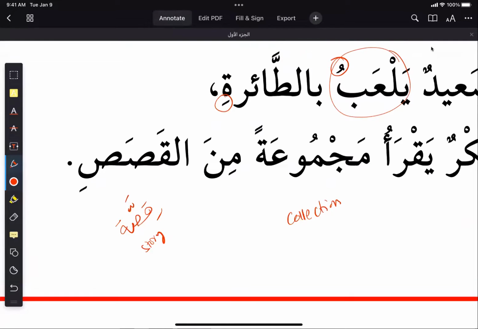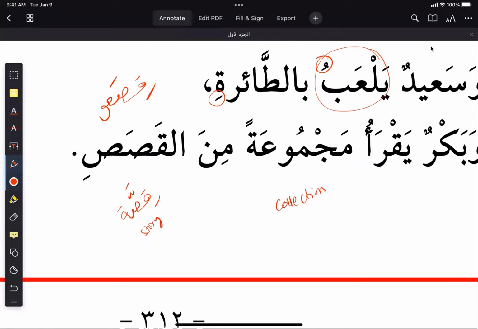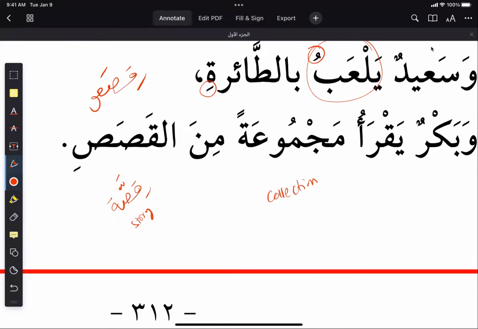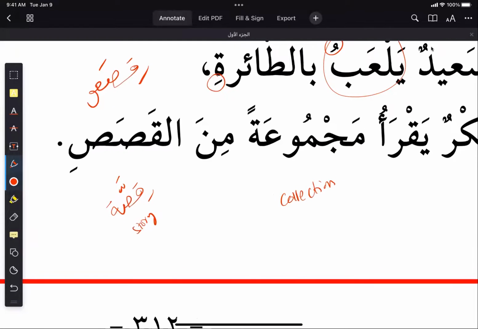Just a little bit of subtle difference. Okay, so he is reading a collection. Now, the min here, remember when we studied min, what is the standard meaning of the particle min?